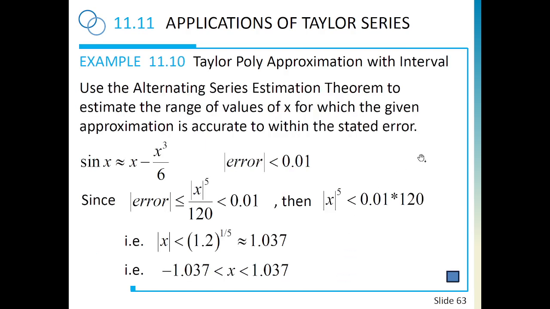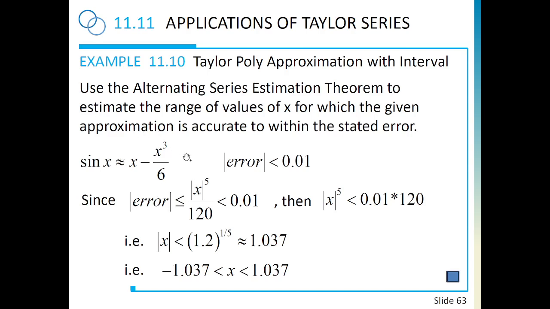Another type of question that we can have is again related to approximation by the Taylor polynomial, but this time we would like to know for what interval of x the error is smaller than a certain fixed number. The question is normally given in such a way that we give you a function and part of its Taylor series, so some Taylor polynomial of a certain degree.